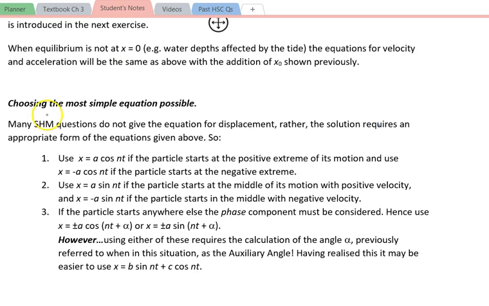I think I'll just leave choosing the most simple equation for the moment, because as the equations come up and we are probably instructed to graph them, we'll see for ourselves how to choose the most simple possible equation.